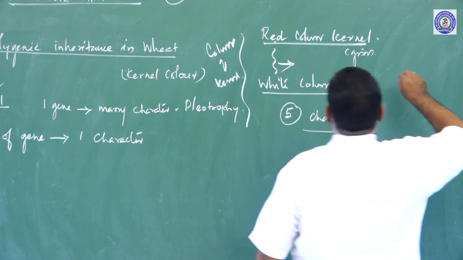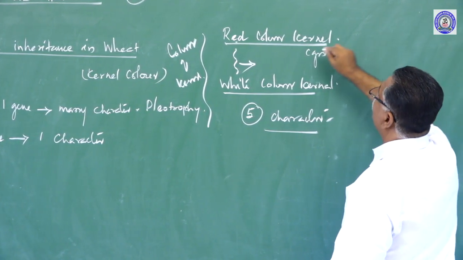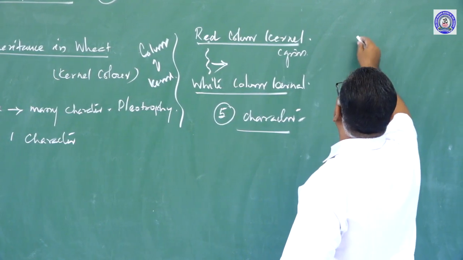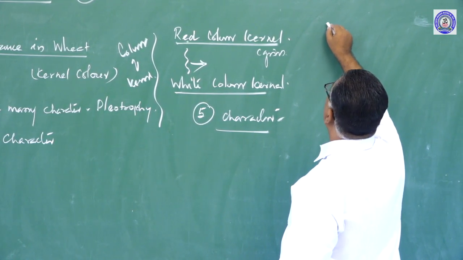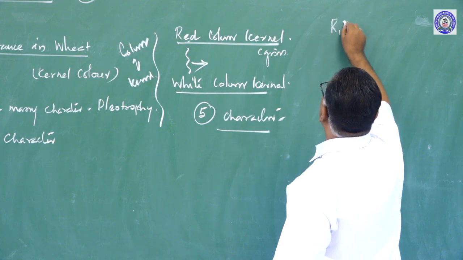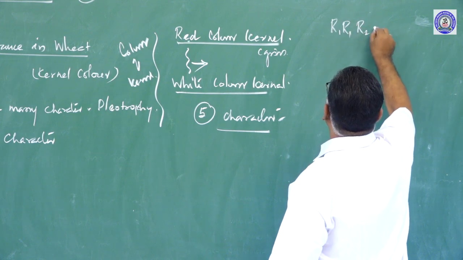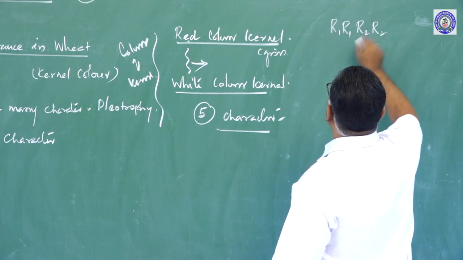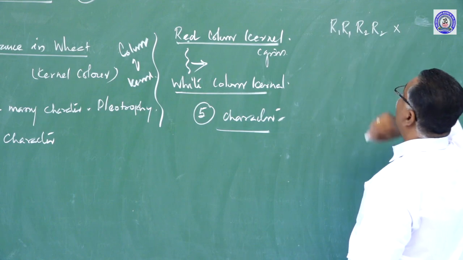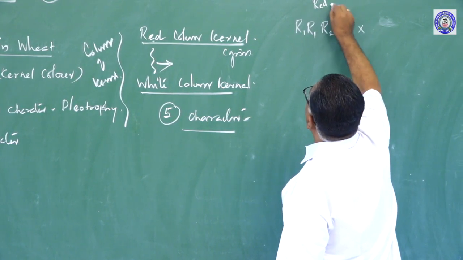because he found the red color kernel is controlled by the genes capital R1 and capital R2. This is red color, red kernel.